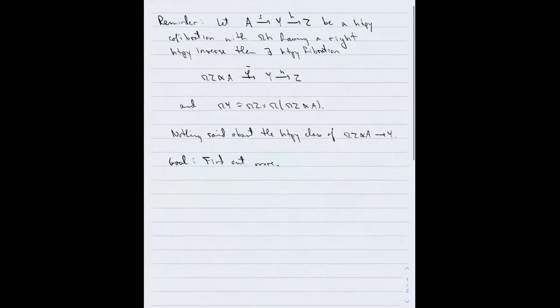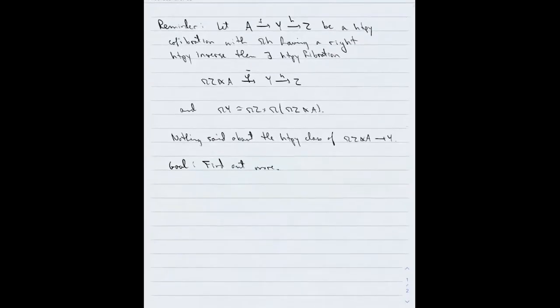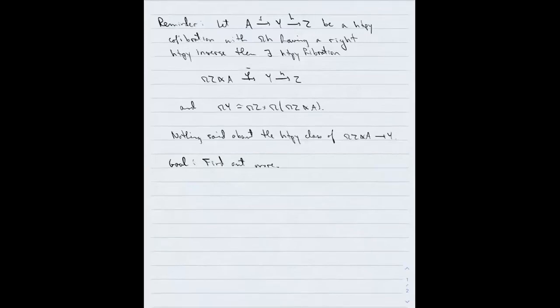Okay, so to do this, we'll go back to the more general setting. This statement was what we called corollary C. It came as a special case from something we called theorem A. So let's remember what theorem A was.